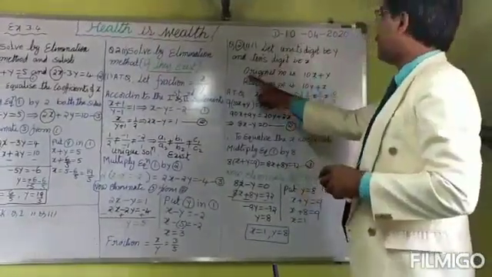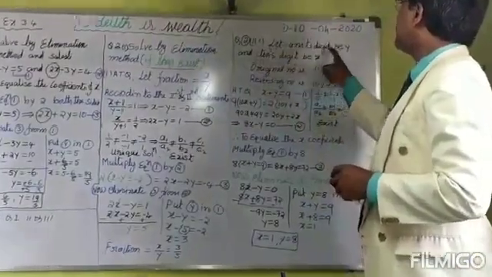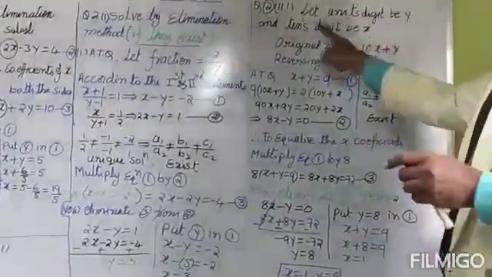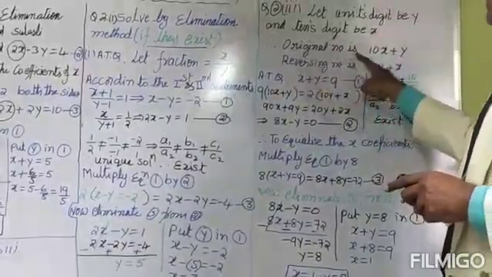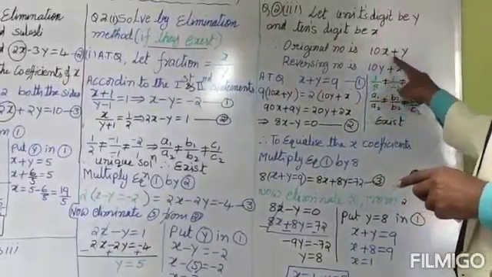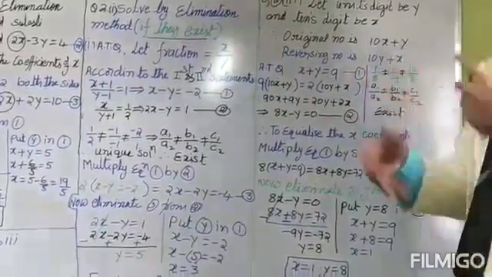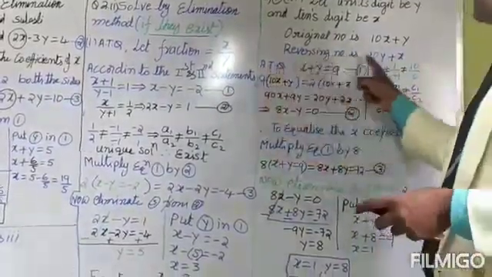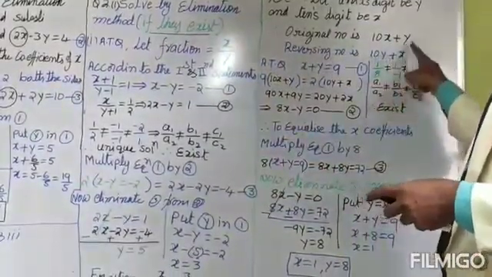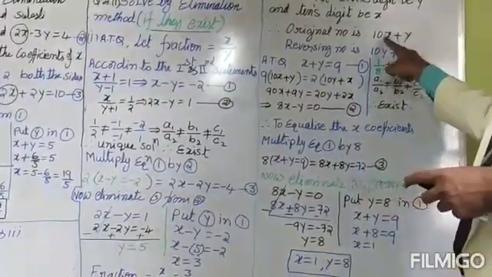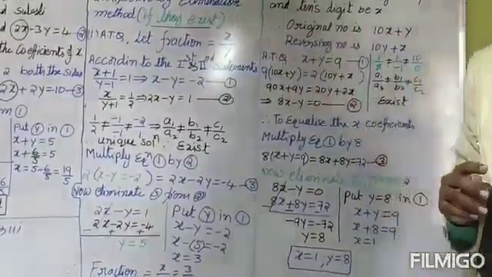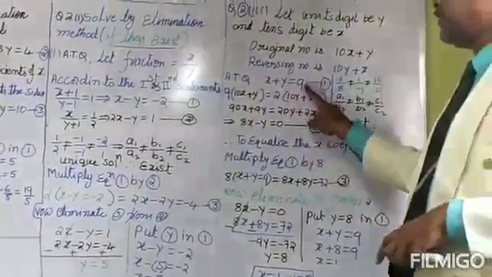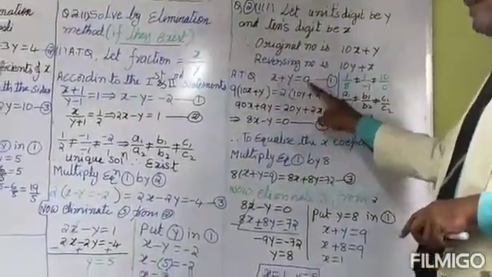So I am taking the units digit as y and the tens digit as x. With this, the original number is 10x plus y. The reversed number is 10y plus x, meaning y goes to the x place and x comes to the y place. According to the question, the sum of the 2 digits is 9. So x plus y equal to 9.